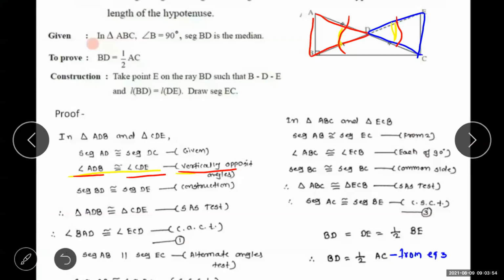And we know the property that vertically opposite angles are congruent to each other. We learned it in the last lesson.